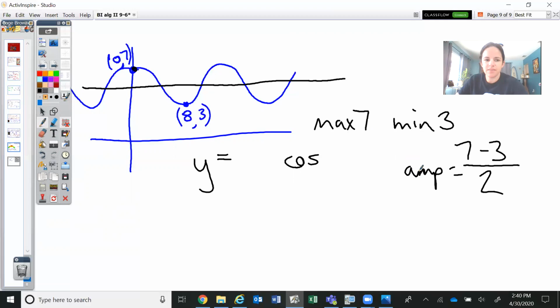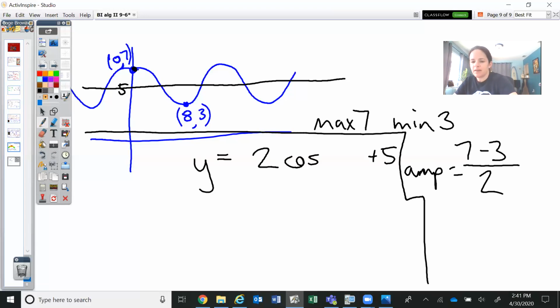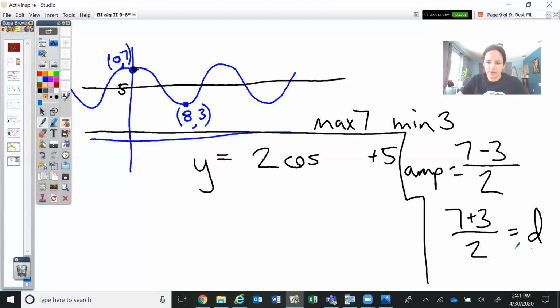And so we can see that the amplitude would be 2. And the min plus 2 takes us to a y value of 5, or the max minus 2 takes us to a y value of 5. So I can see that the principal axis is 5. I can also get to the principal axis by taking 7 plus 3 and then dividing by 2. And I can get to my d value that way.